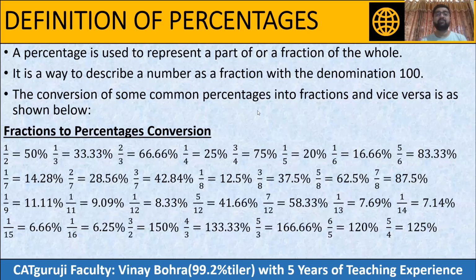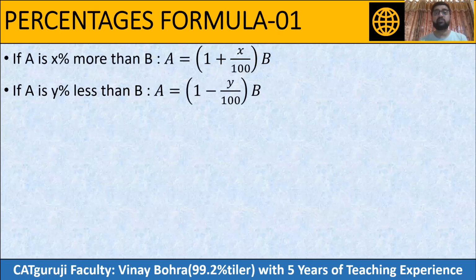Now, let us see the first concept in the percentage, the first formula in the percentage. If A is X% more than B, if it is given that A is X% more than B, then A will always be 1 plus X by 100 into B. I'll give an example.